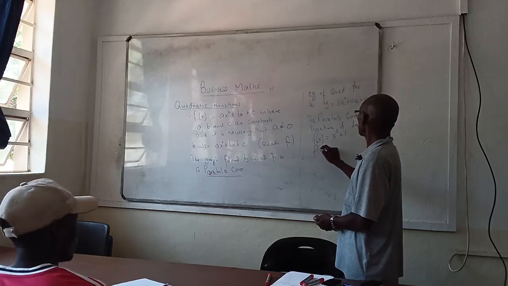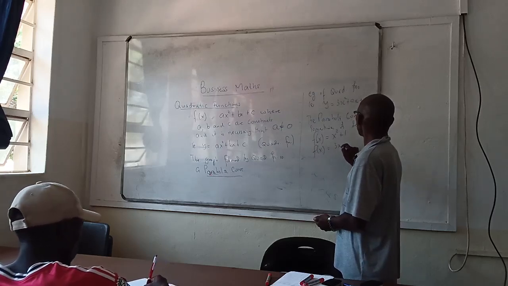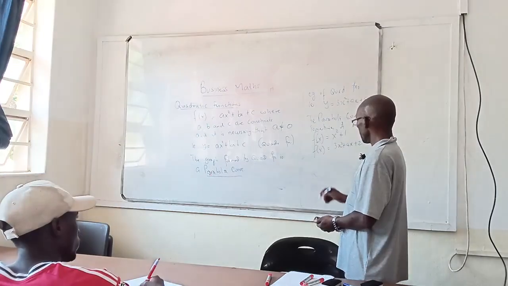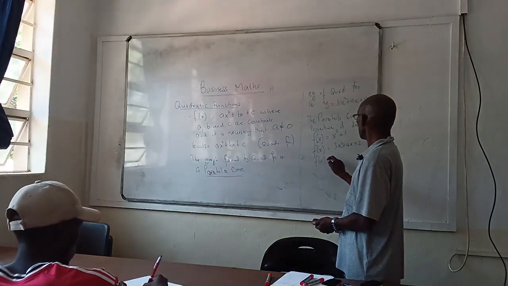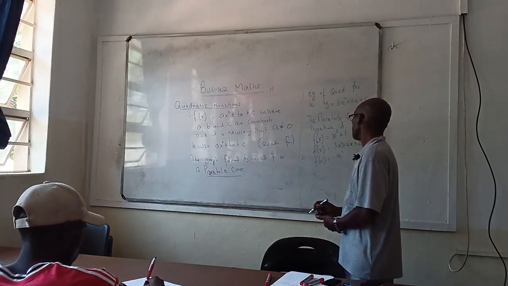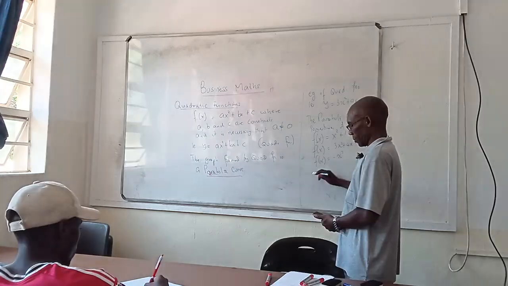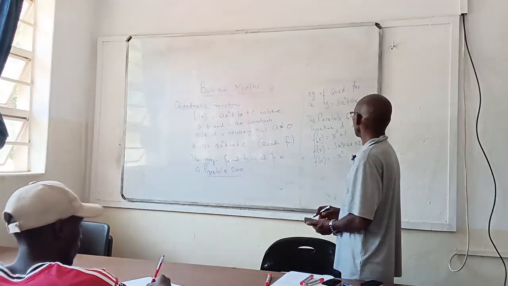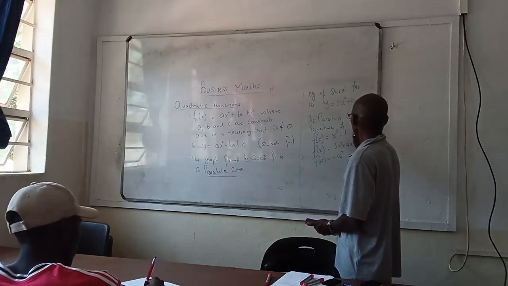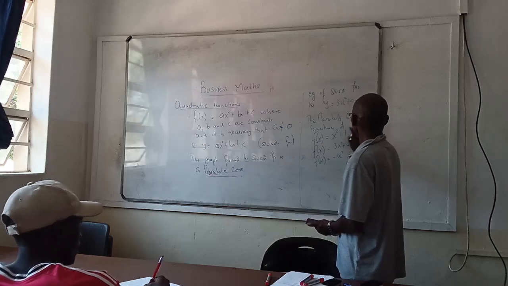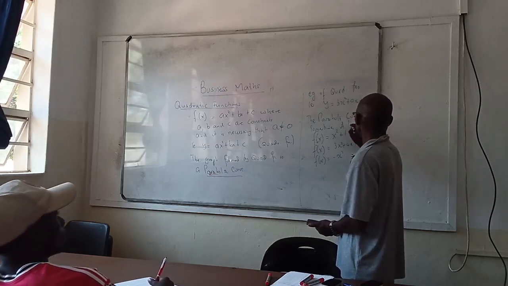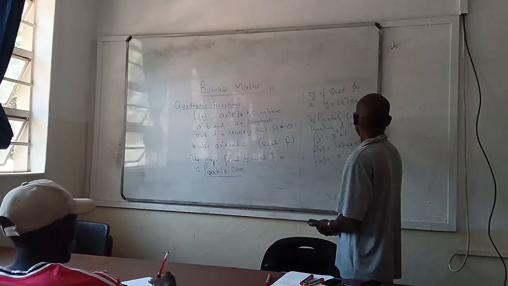F of x is equal to 3x squared plus 4x plus 2. F of x is equal to minus x squared. Now let's look at it, it takes the format of that.